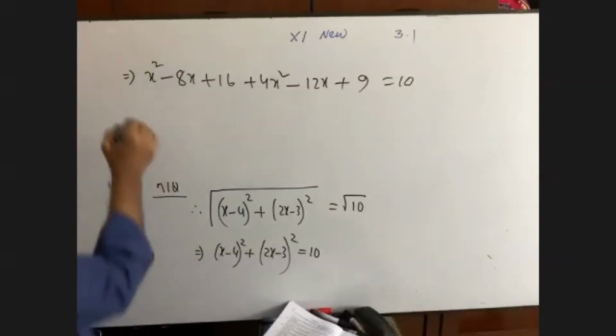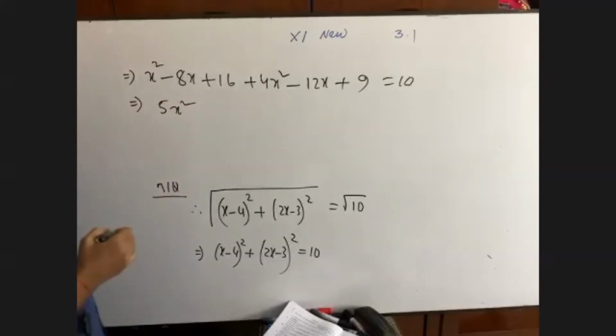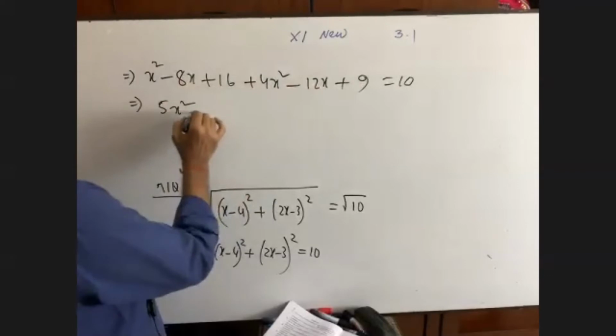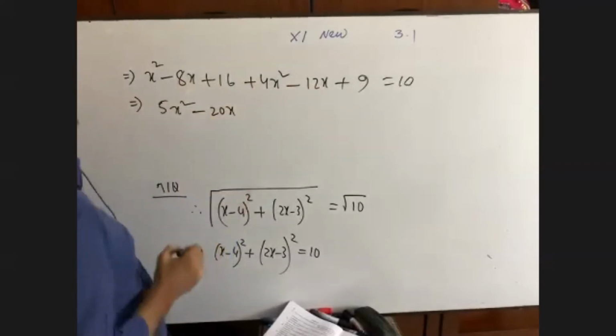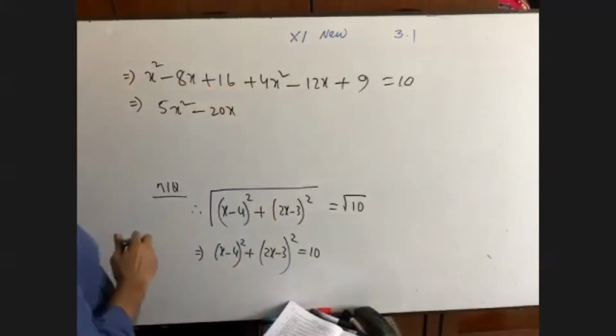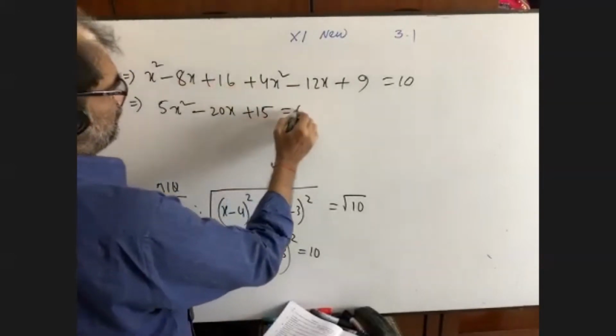That means we are getting here 5x square, minus 8x minus 12x, that is minus 20x, 16 plus 9 is 25, minus 10, that means plus 15 is equal to 0.